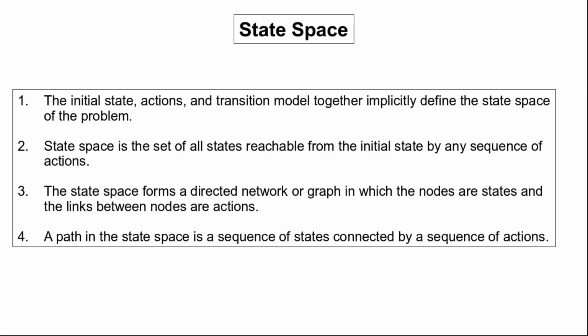So the actions, the transition model, and the initial state together implicitly define the state space of the problem. State space is the set of all states reachable from the initial state by a sequence of actions.